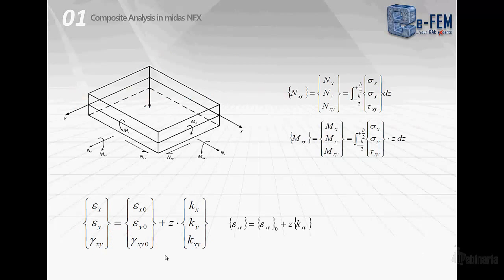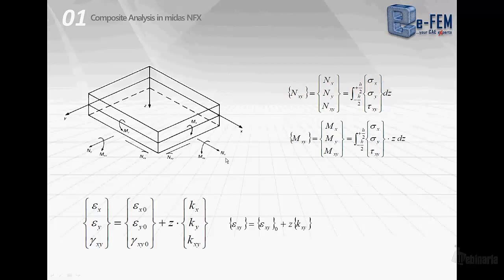Then we consider the unit cell of the laminate, the single unitary element, and we can define these loads per unit of length that are acting through the thickness of the laminate: the normal and transversal shear loads, and the flexural and twisting, or torsional, moments acting on the plane.